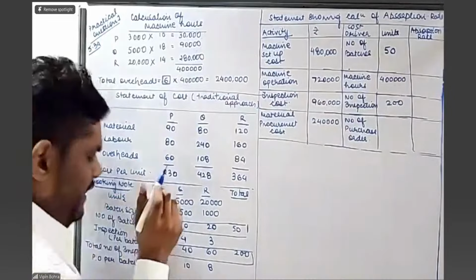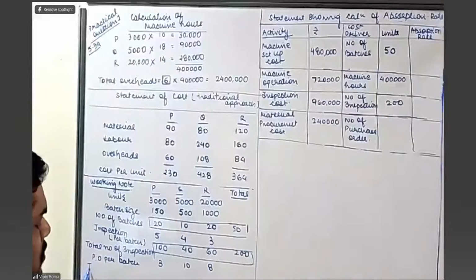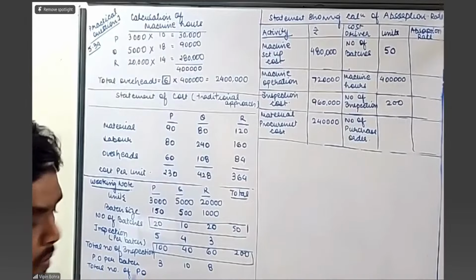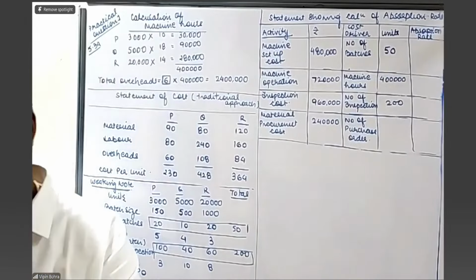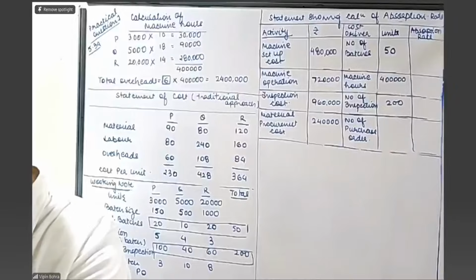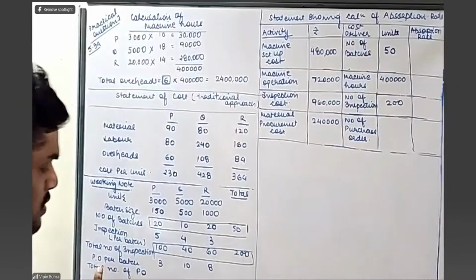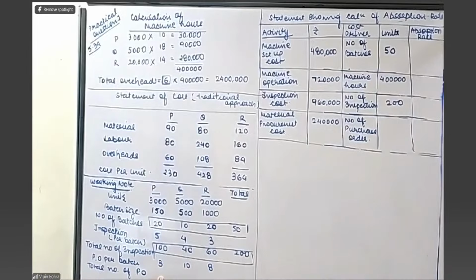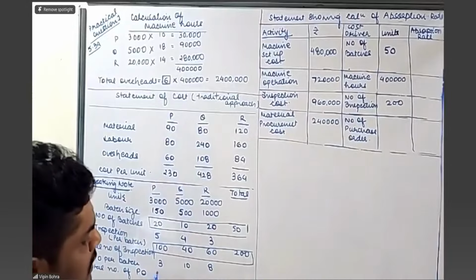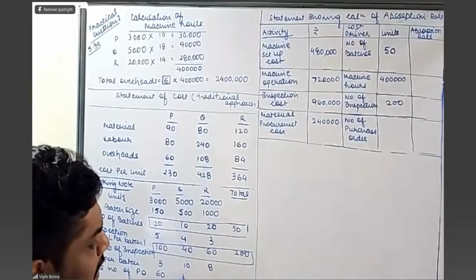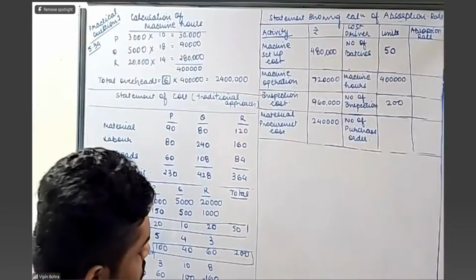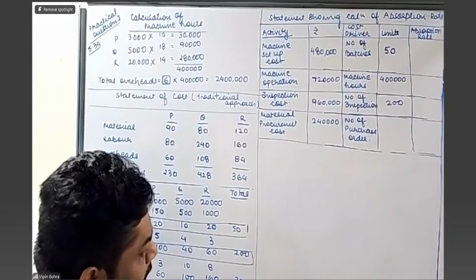So we can calculate the total purchase orders. Purchase orders per batch are 3, 10 and 8. And the total number of batches are 20, 10 and 20. So 20 into 3, this will be 60. 10 into 10, this will be 100. And 20 into 8, this will be 160. So this will be 320.